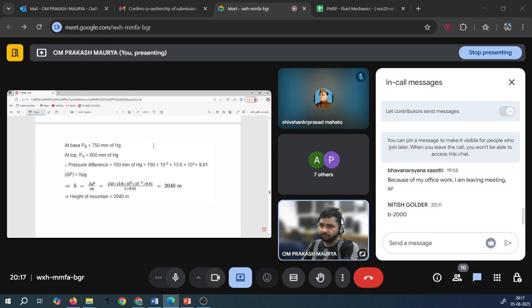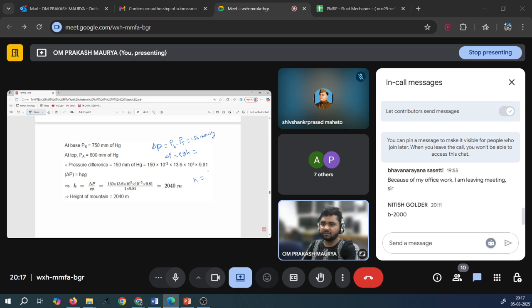So delta P is equal to P bottom minus P top, which is 150 mm of Hg. And what is delta P? Delta P is nothing but rho g H. So you need the H value.